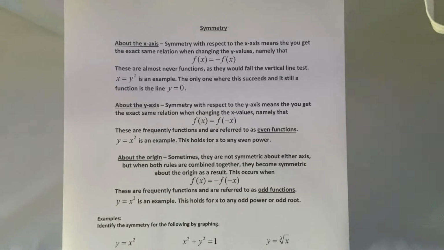That means f of x has to equal negative f of x, so when you reflect it, it doesn't change. Symmetry about the x-axis is almost never a function because it requires one x value going to two y values, which is the textbook definition of not a function. The only line that is a function and technically symmetric about the x-axis is the line y equals 0.